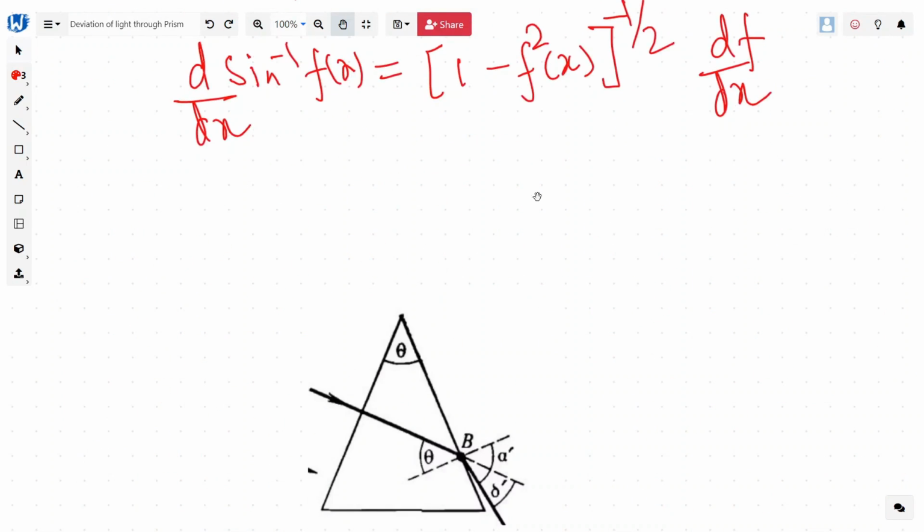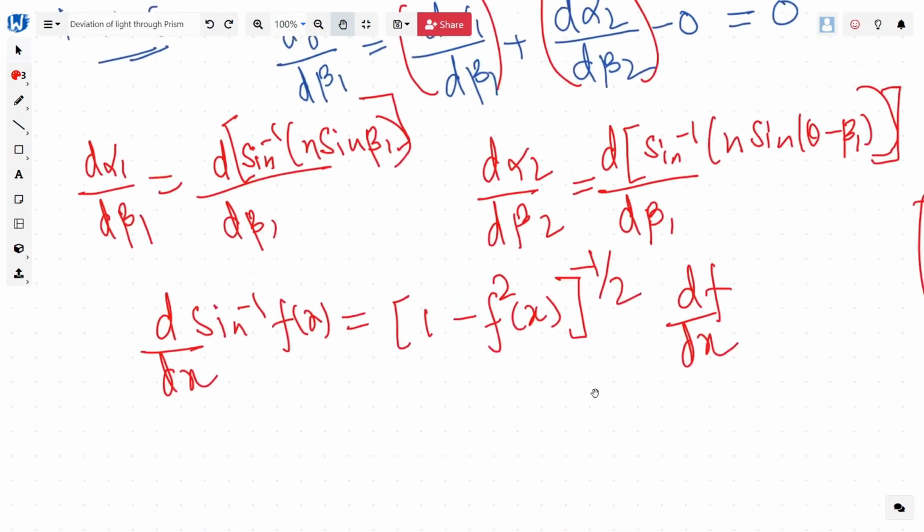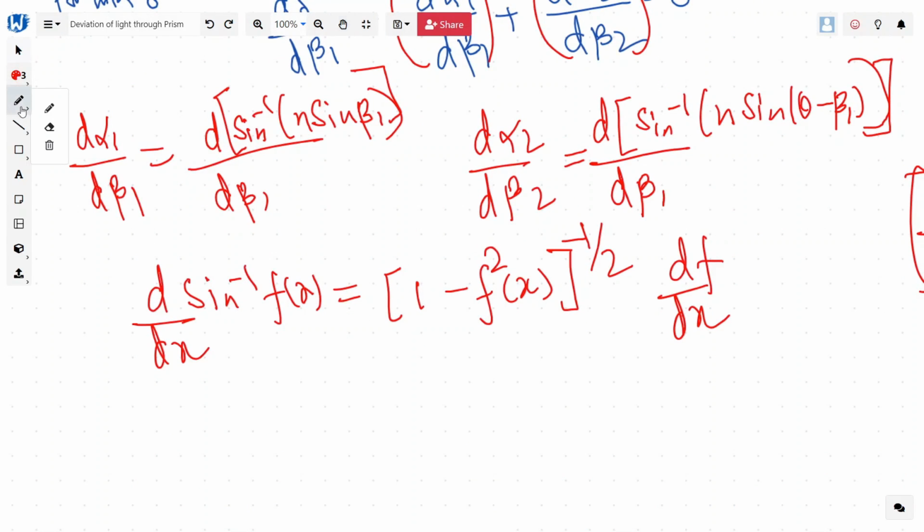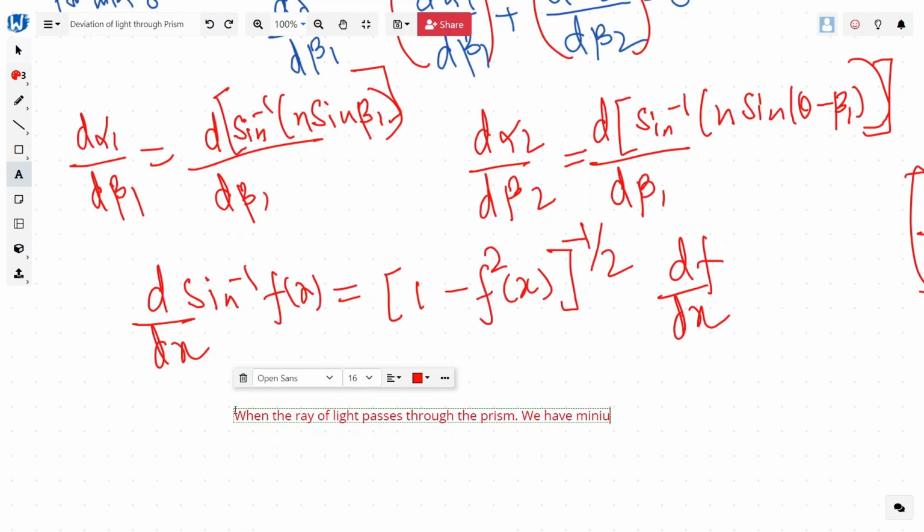So I'll write it down. When the ray of light passes through the prism, we have minimum deviation in the case of symmetrical passage of light.